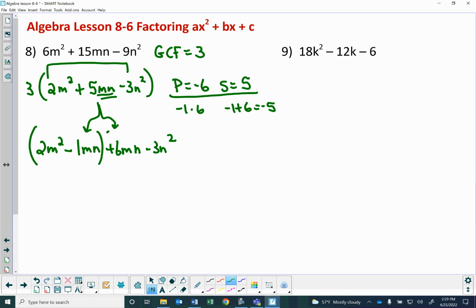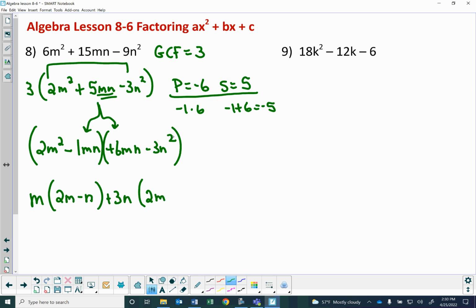Group first 2, group last 2. What can I take out of 2m squared minus 1mn? I can take out an m. If I take out an m, I'm left with 2m minus n, or 1n. Out of 6mn minus 3n squared, I can take out a 3n. So let's take out a 3 and an n. 6mn divided by 3n is 2m.